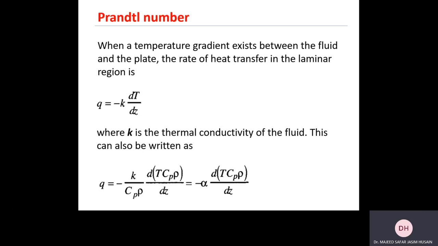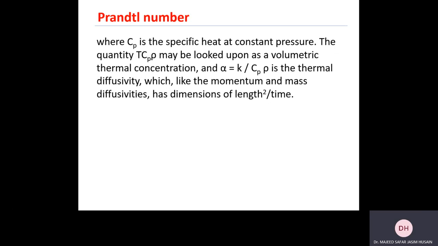So Q is equal to minus alpha d(T Cp rho) divided by dz. Cp, from heat transfer and thermodynamics, is the specific heat at constant pressure.